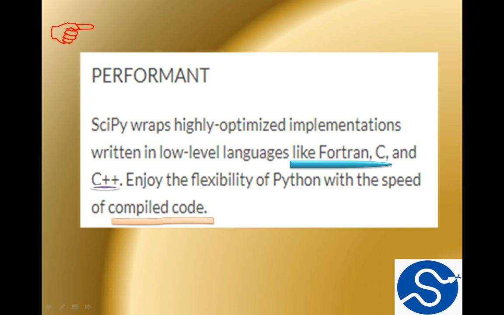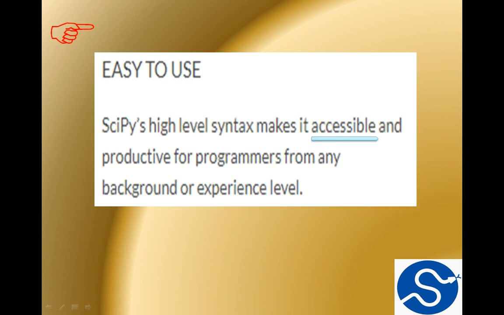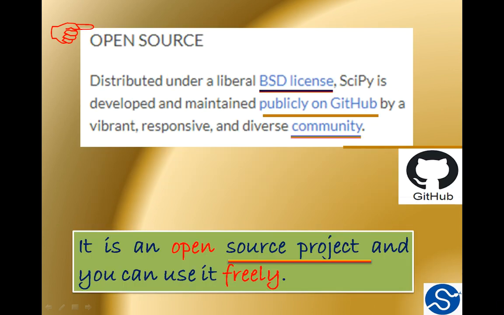Next is performant. SciPy wraps highly optimized implementations written in low-level languages like Fortran, C and C++. So you can enjoy the flexibility of Python with the speed of compiled code. The next feature is that it is easy to use. SciPy's high-level syntax makes it accessible and productive for programmers from any background or experience level.